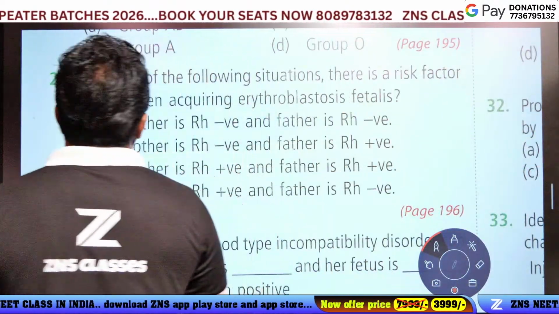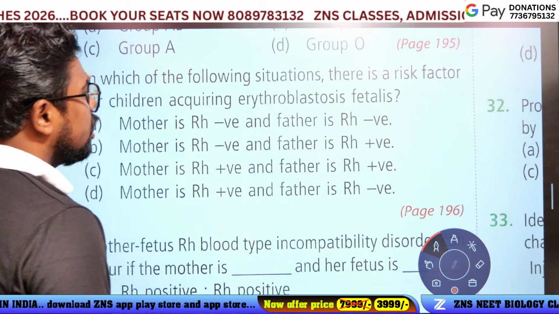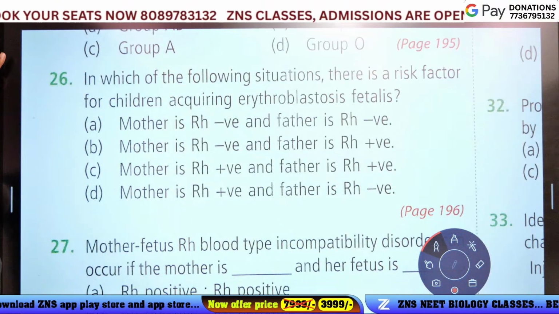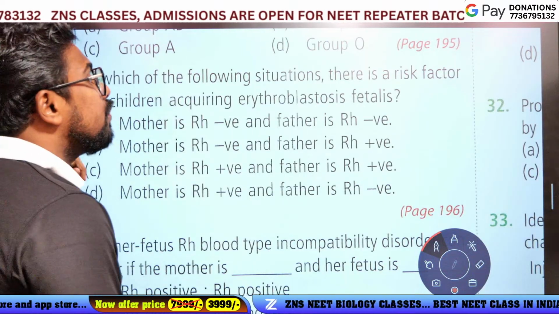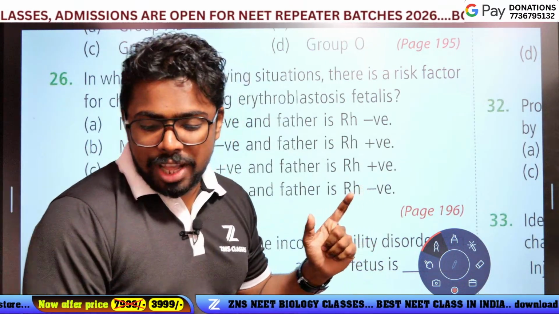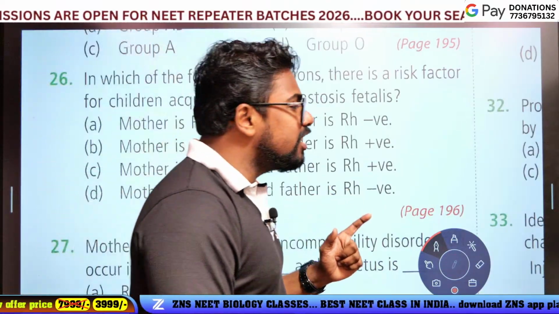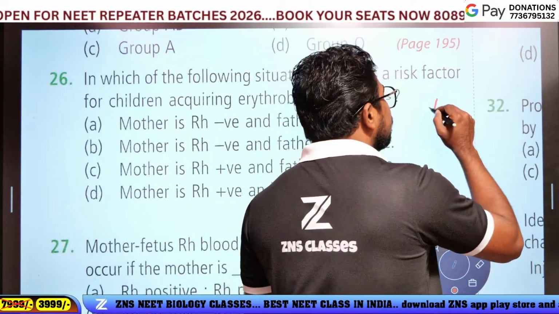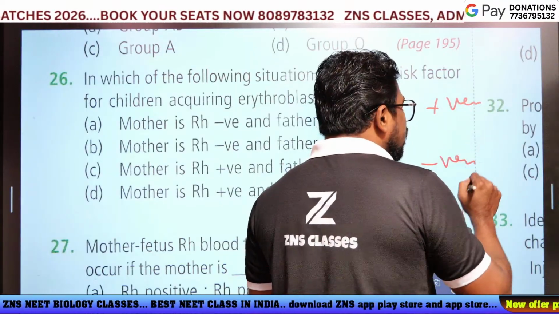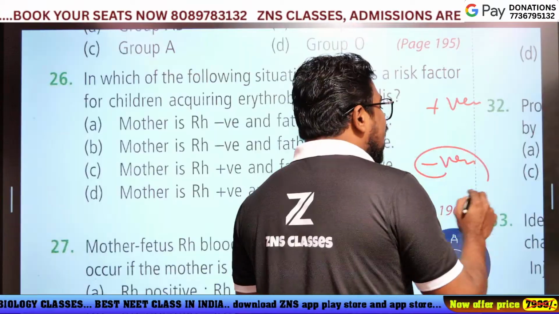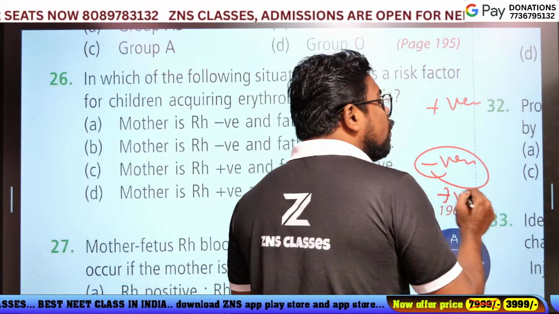In which of the following situations is there a risk for children acquiring erythroblastosis fetalis? This condition is related to the father having a positive blood group and the mother a negative blood group. The negative mother carries a positive blood group baby.